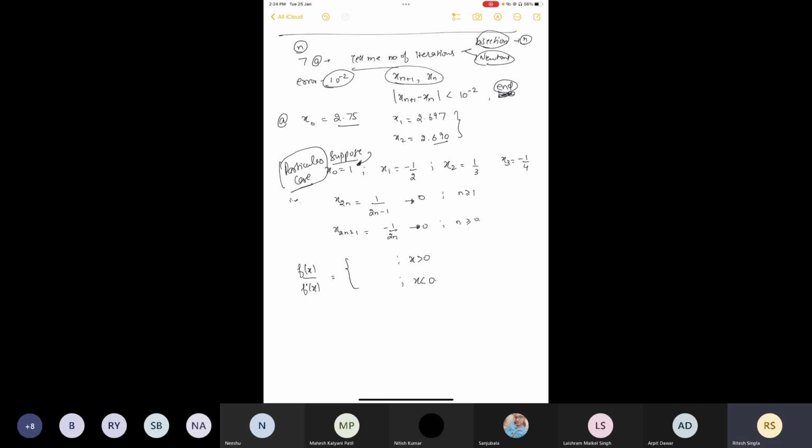What is f(x) upon f prime(x) when x is greater than 0? 2x. For x less than 0? Minus 2x. See it again, whether it is minus 2x. For x less than 0, what is f(x)?